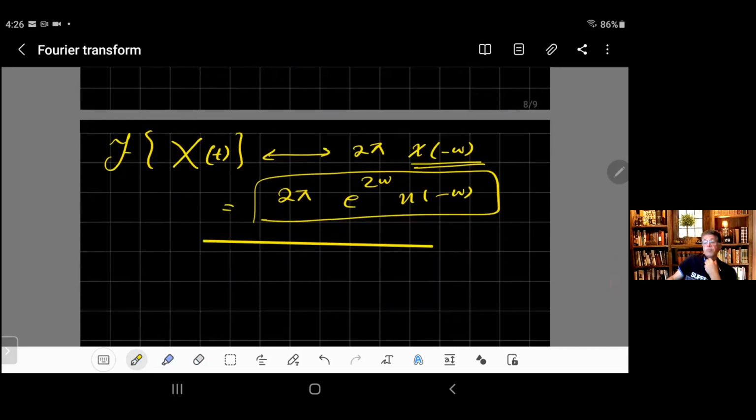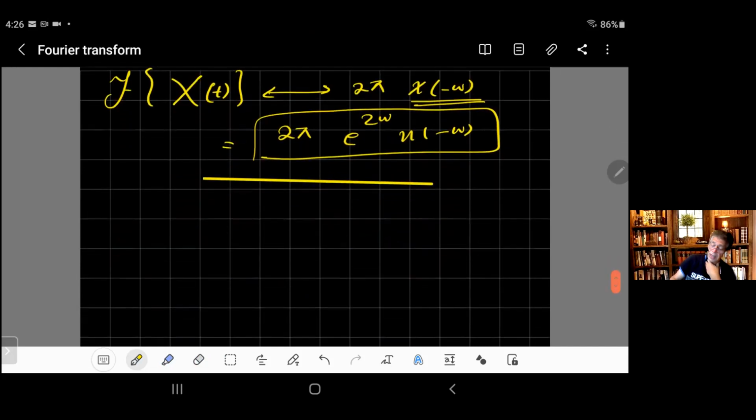Well, let's take one more. What if they ask to find the Fourier transform of the differentiation of the function itself? Of course, if you want to do it the normal way, it would take a long time. You differentiate e to the power minus 2t, and then you do the integration. It takes a long time. But there is a property for that.